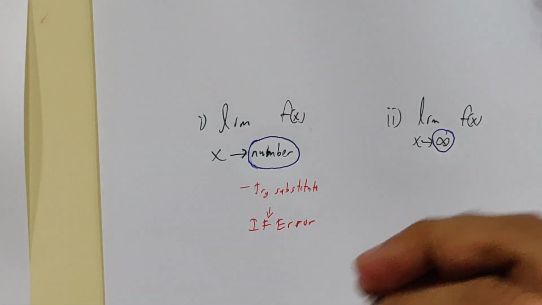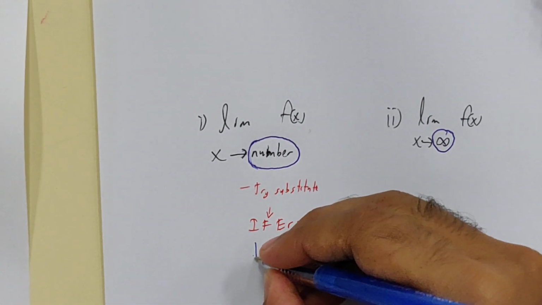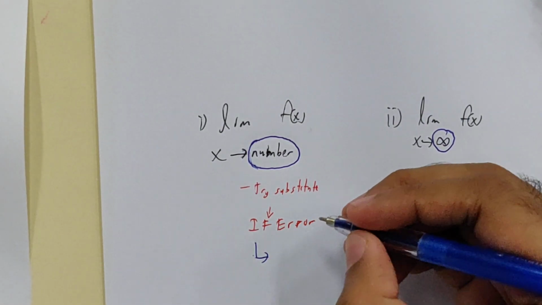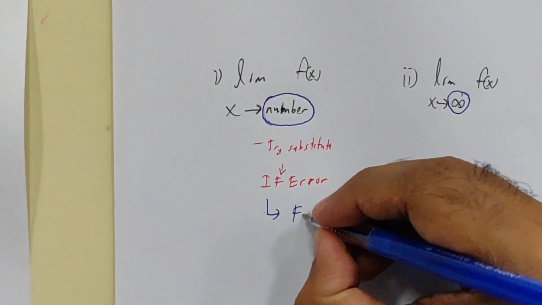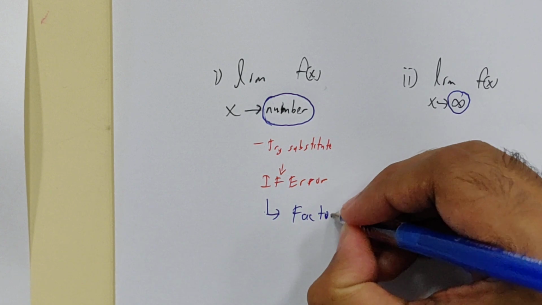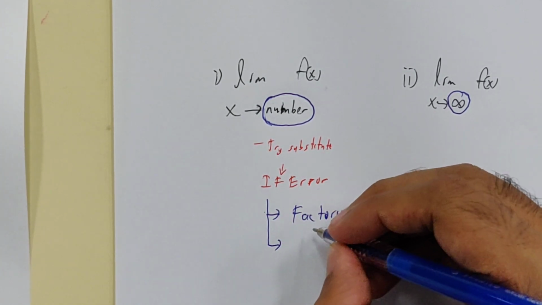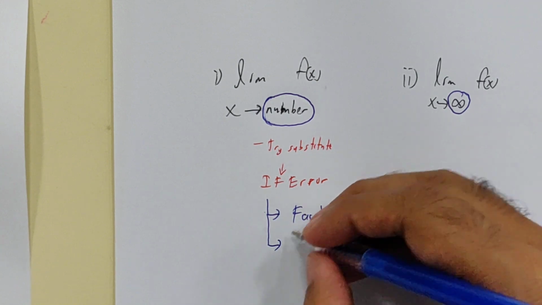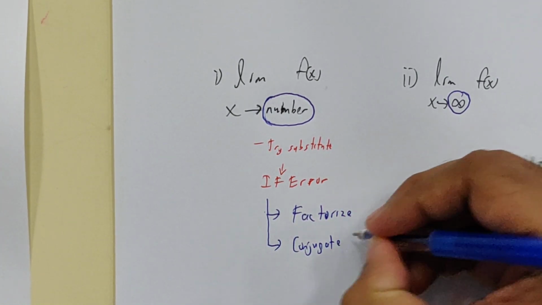If error, then only you do another step. It's either factorize or conjugate. Yep, your old friend is back, the conjugate.